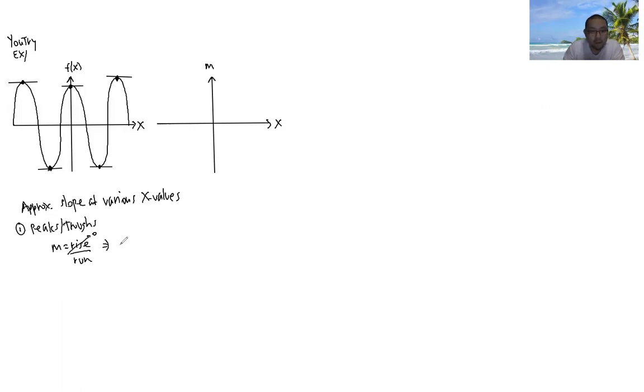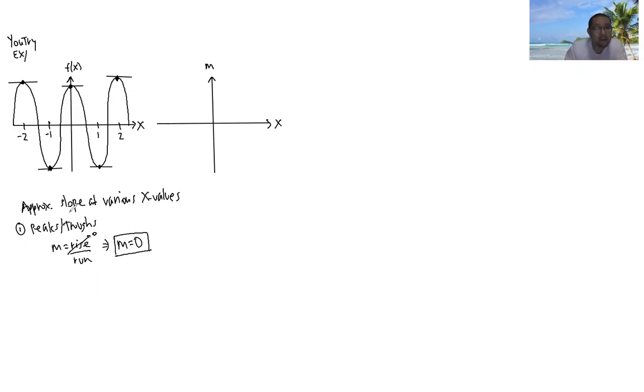The slope at peaks and troughs will always be 0 for all intents and purposes of what we're doing. So let's plot that first. If we take this to be -1, and this to be -2, over here, same thing, 1 here and 2 here.